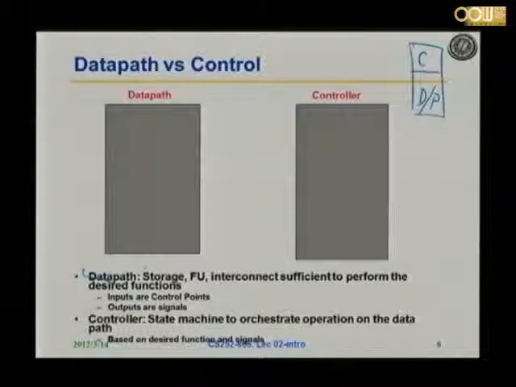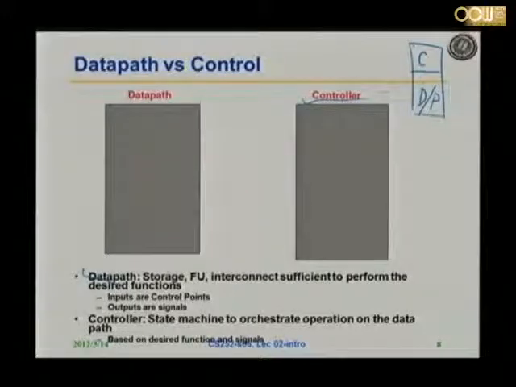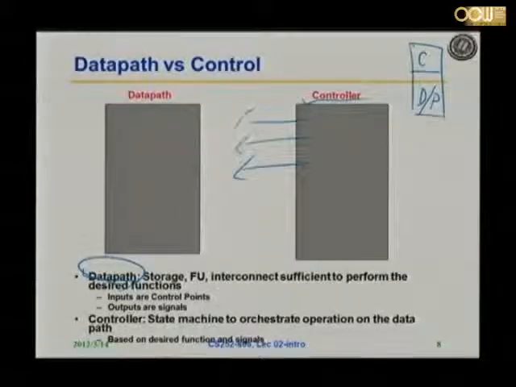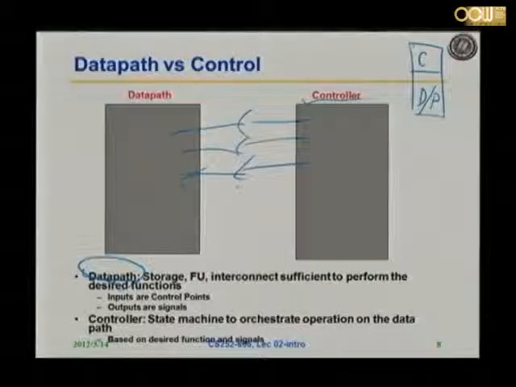And then the controller, tell me, what does the controller do? If the data path fetches back an instruction, then this instruction will be sent to the controller for analysis, finding out what needs to be done within this instruction cycle. And whatever needs to be done, commands or control signals are sent out from the controller to the data path to make things happen.